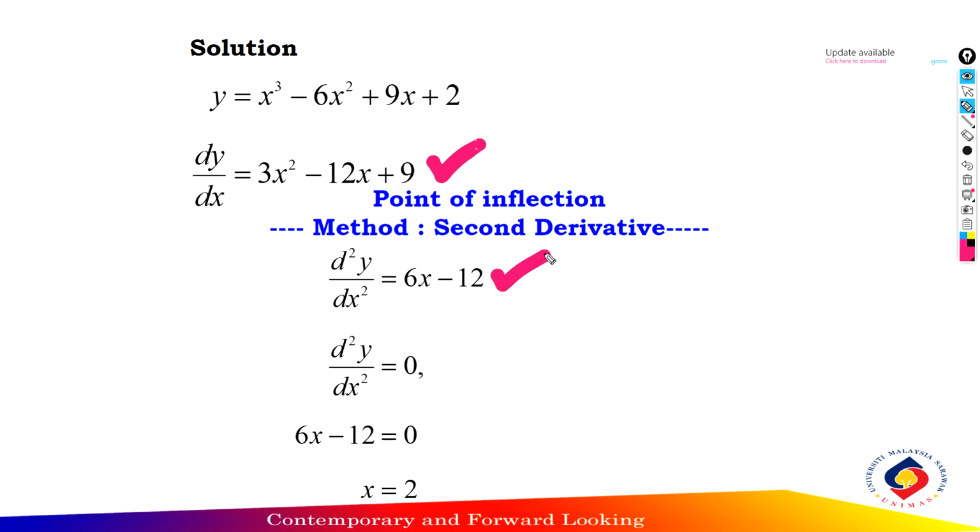The inflection point of the cubic function exists when the second derivative equals 0. You let the second derivative equal 0 and find the value of x. x equals 2.